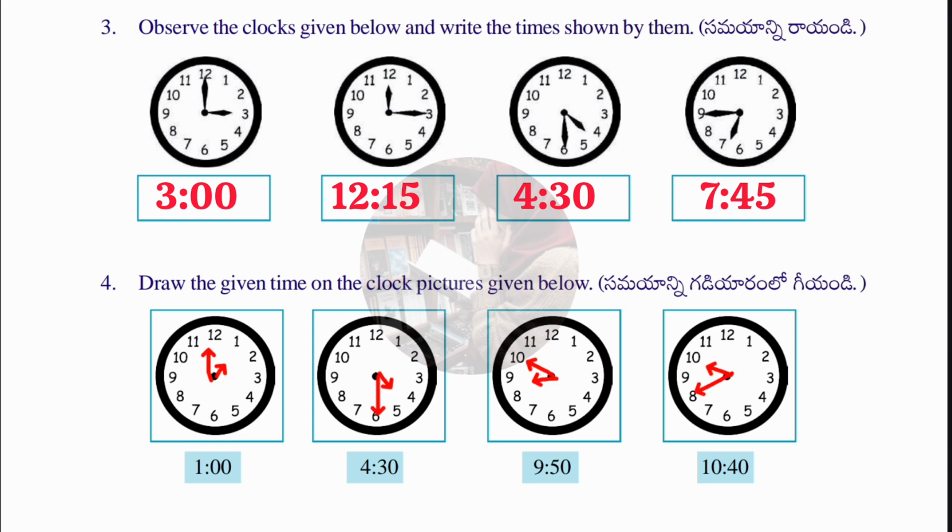The hour hand should be shorter than the minute hand. Then second clock is showing 4:30. Draw it neatly, 4:30 in the clock. So hour hand should be shorter than the minute hand. Next third clock is showing 9:50. Next fourth clock is showing 10:40. Okay, 10:40. Draw it neatly.